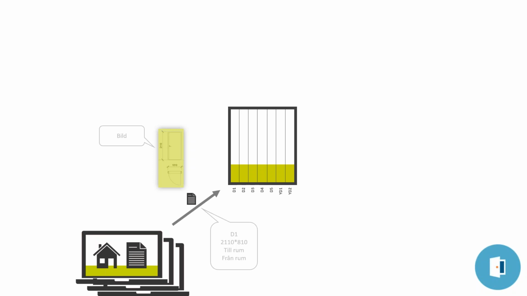I'm going to show you shortly how that works. But mainly it's what you do when you connect your model to BIMeye. As you see in this picture, the green color is information that we have synchronized from the model to BIMeye.